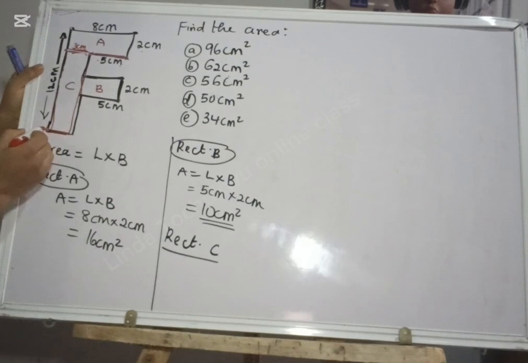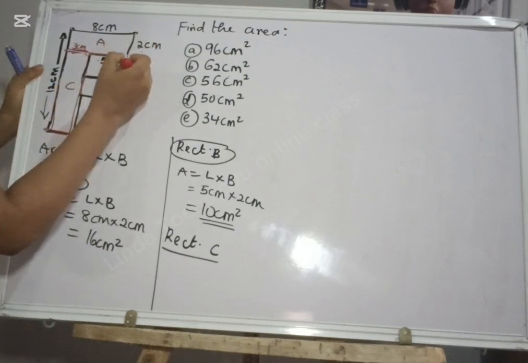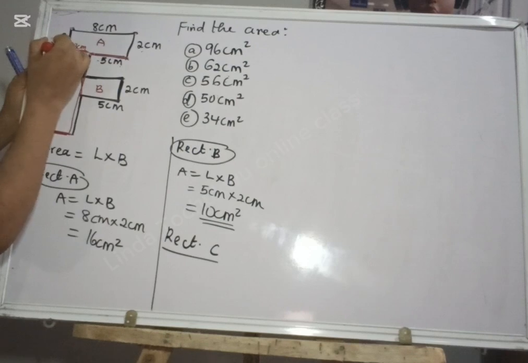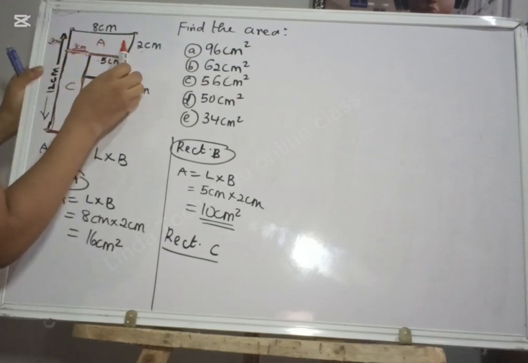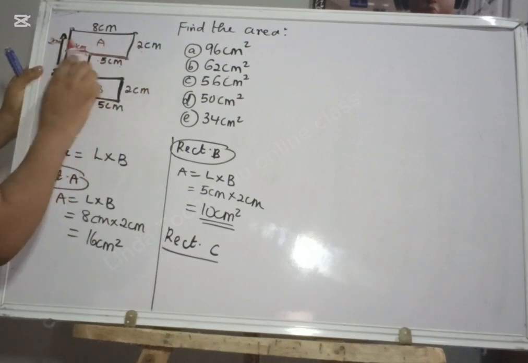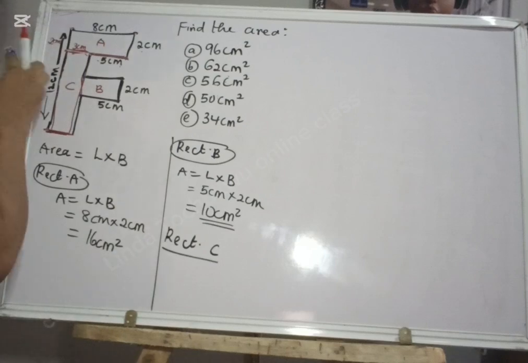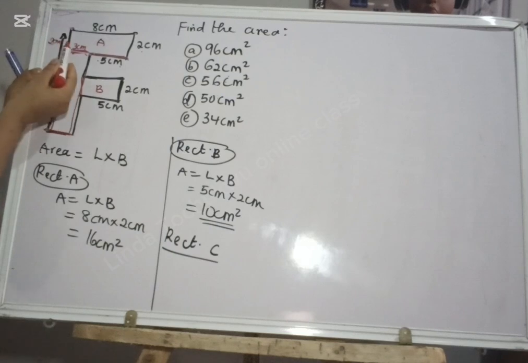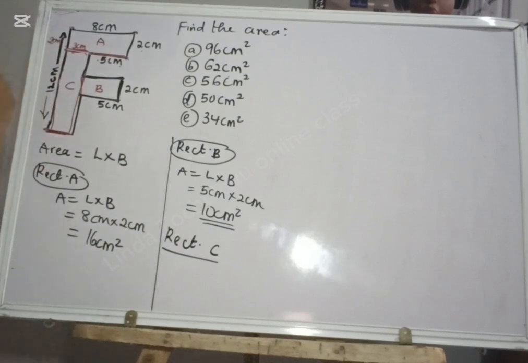Now if from here to here is 12, from here to here is 2, it simply means from here to here is also 2, because values on the opposite sides are equal. So if out of 12 we've removed 2, it means the remaining part will be 10. So my length here will now be 10 centimeter.